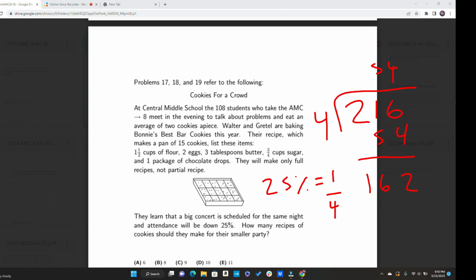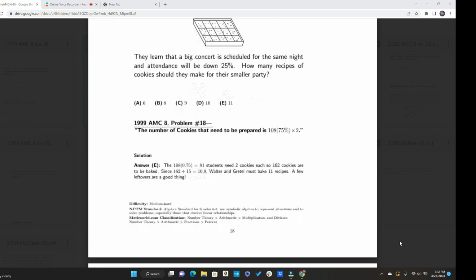So each recipe makes 15 cookies. We need to make 162 cookies. 162 divided by 15. So it is 10 with some remainder. That means we have to round up, right? 10 with some remainder rounds up. We're going to need 11 recipes. That is answer choice E.